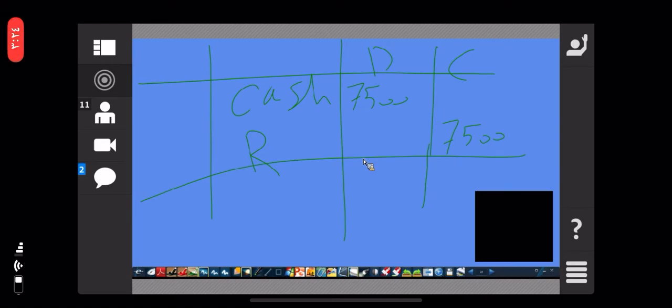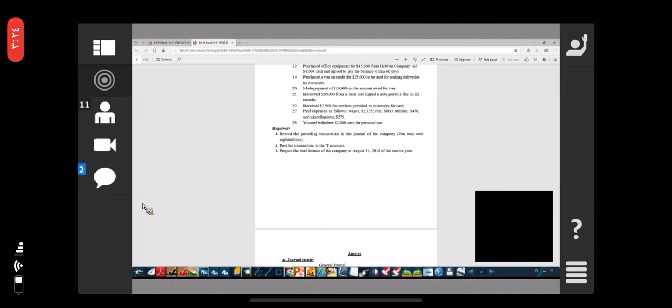So did you see any transaction with only one side? No. So it must have two sides. Clear?